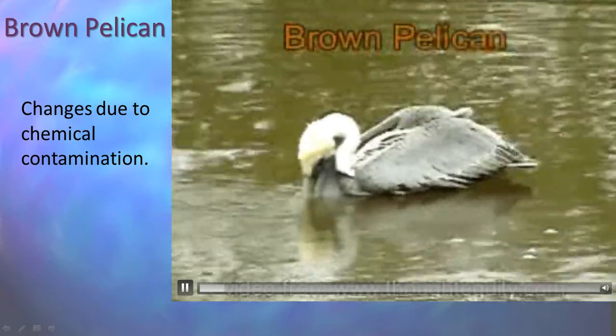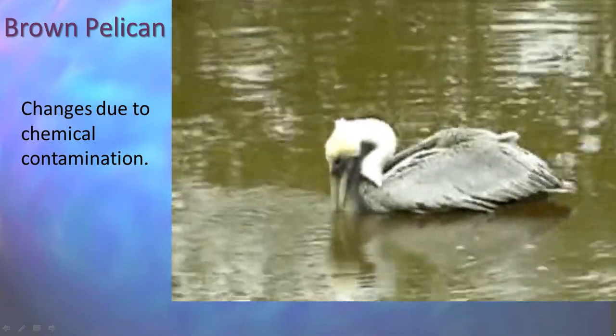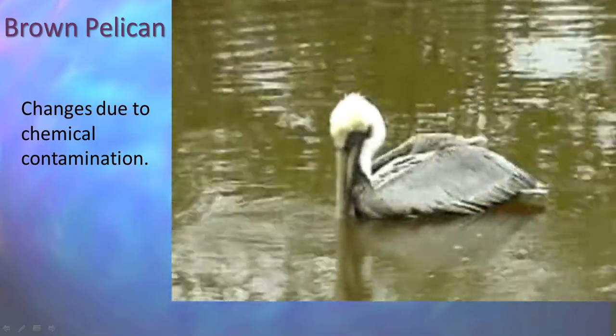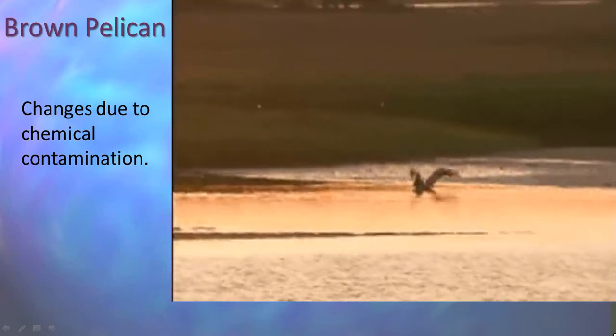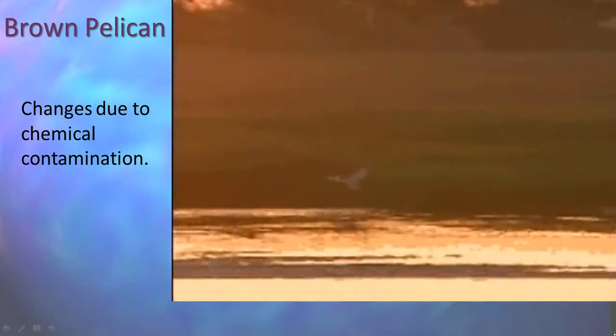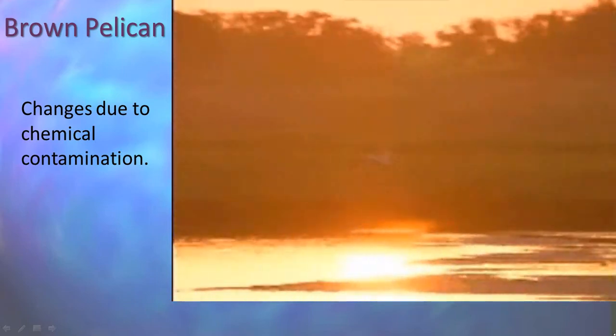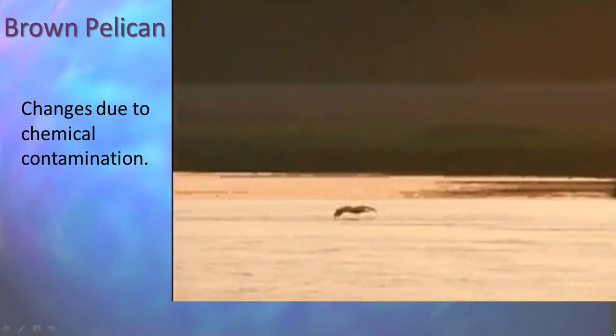Brown pelicans are the smallest of the pelicans, but they're still pretty big as birds go. They feed almost exclusively on fish, eating about 3 or 4 pounds a day in the wild. As the text tells you, brown pelicans were brought nearly to extinction by the use of the pesticide DDT. You might wonder why it was brown pelicans that were so affected by DDT.